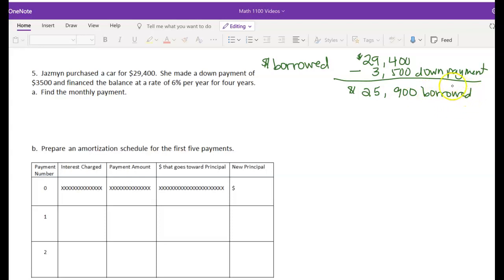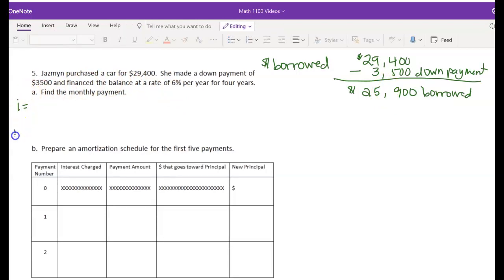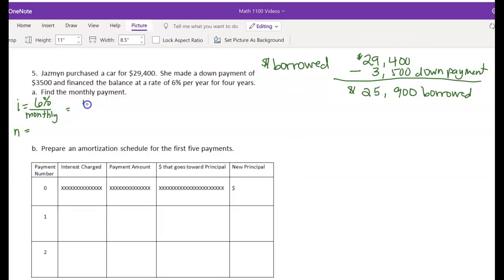So that's going to help us find out our monthly payment. We're going to take a look at that amortization table. So to do that, we need our I and our N. Our I is going to be 6% per year. And since we're finding monthly payments, we divide by 12.